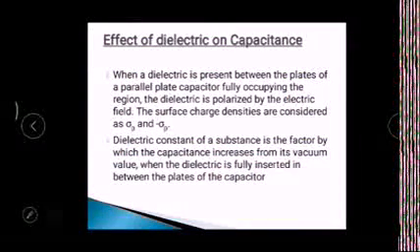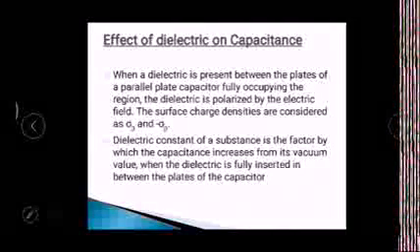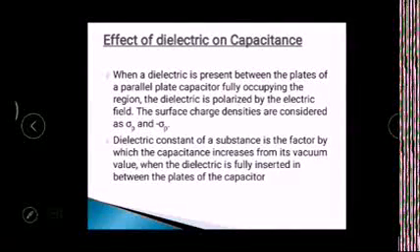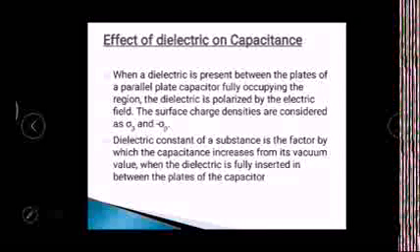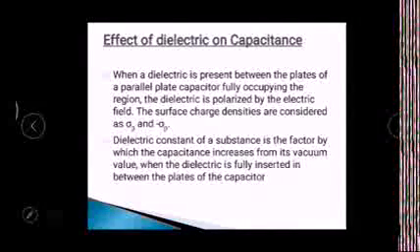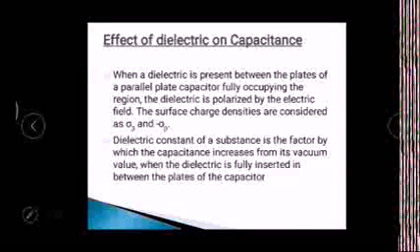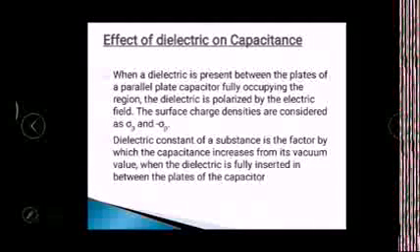Now, by placing a dielectric medium, we can increase the capacitance, and we will study how this happens. When we place the dielectric medium between the plates, its positive and negative charge distribution centers get separated, and the dielectric acquires a polarity.